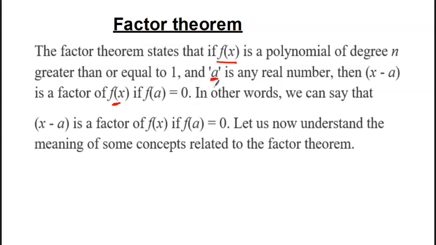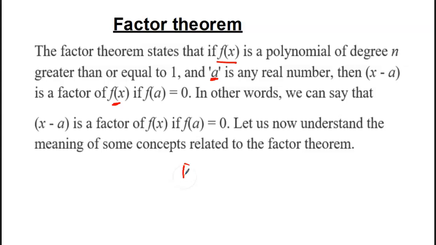In other words, when you put any real number in a polynomial function and you get 0, then x plus or minus that real number is a factor. So this is what I mean.